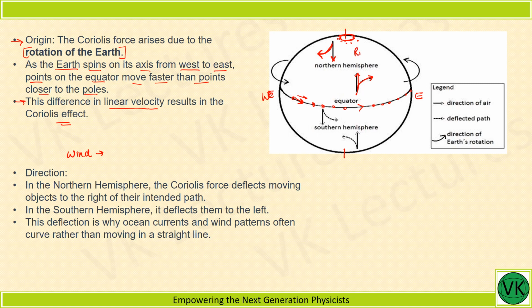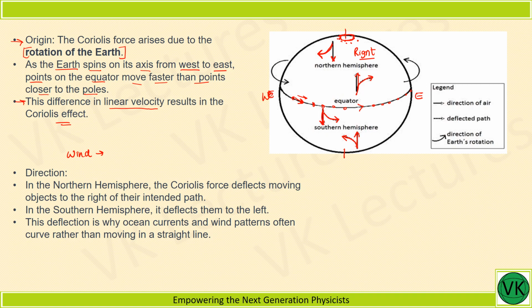In the northern hemisphere it moves towards the right, and in the southern hemisphere, if the wind is moving towards this direction, it appears to move here, and similarly towards the left. Both are moving towards the left of the wind.